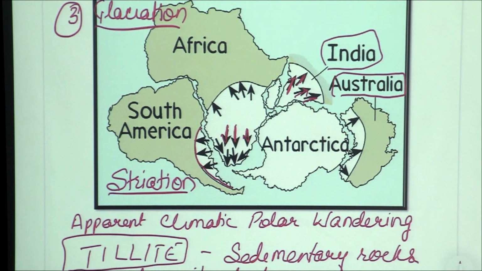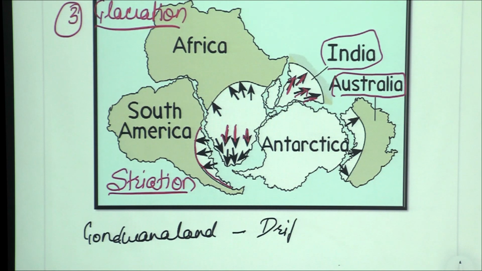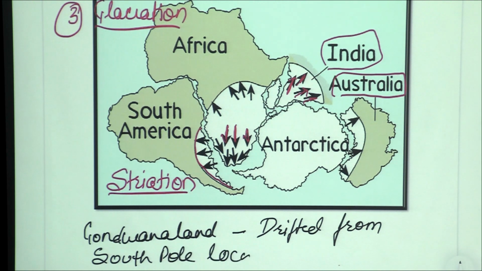To explain further, Gondwanaland drifted from the south polar location to divided present position of land masses.